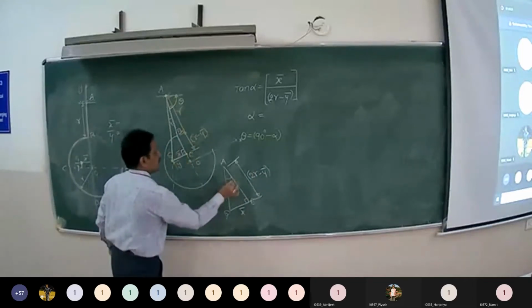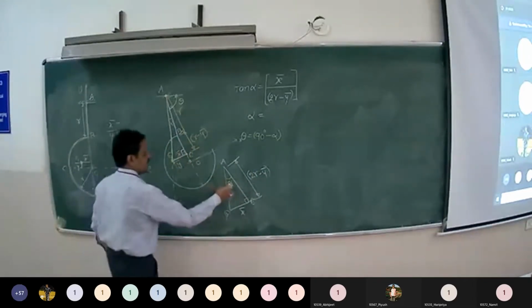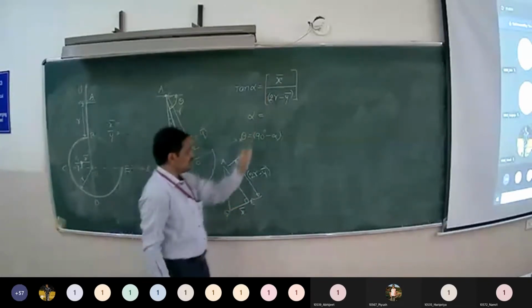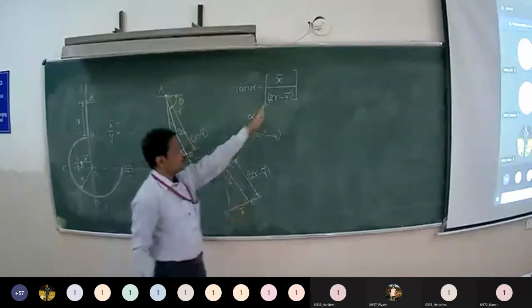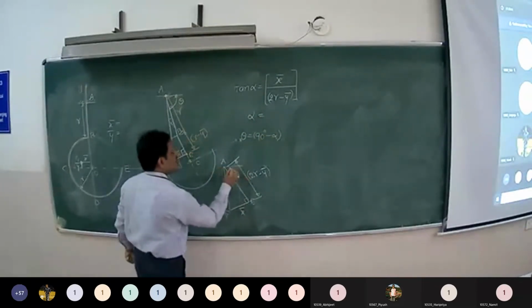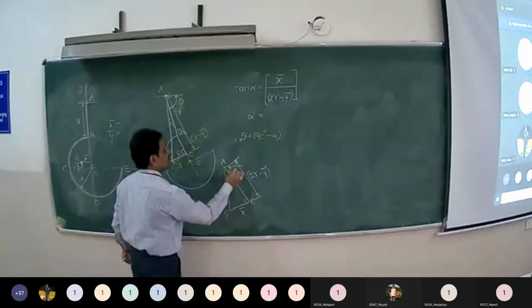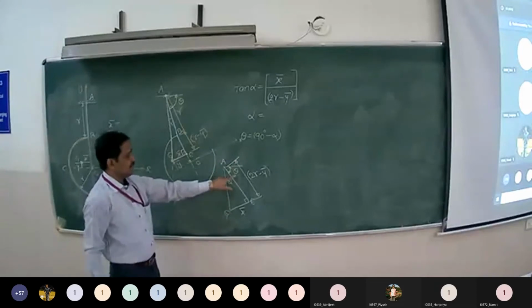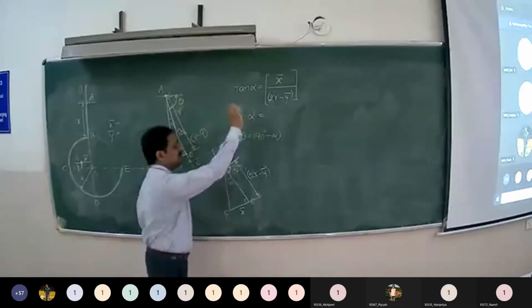I am saying this is alpha. So tan alpha is equal to the opposite side, that is x bar, upon the adjacent side, 2R minus y bar. Then you have to find out the angle with respect to horizontal. So 90 minus alpha will give you the angle theta.